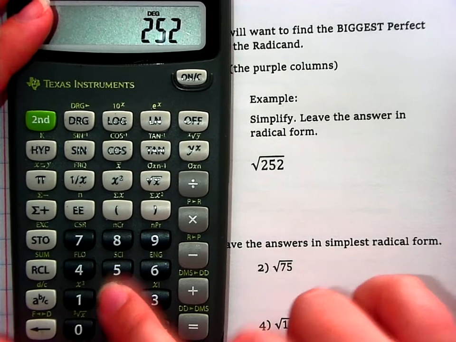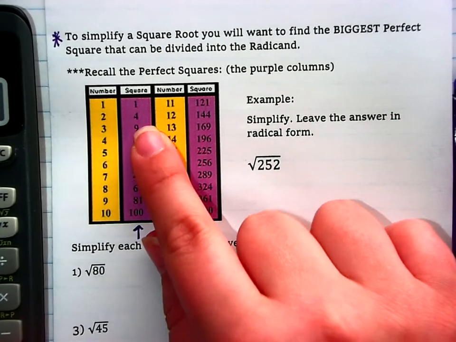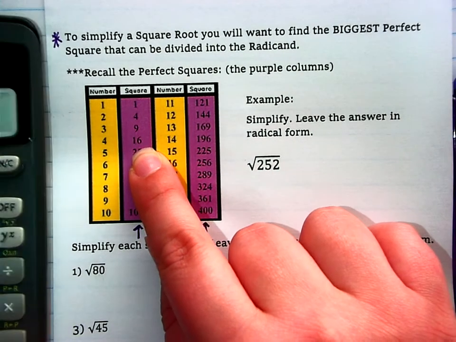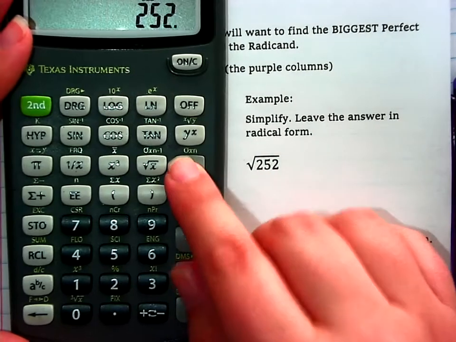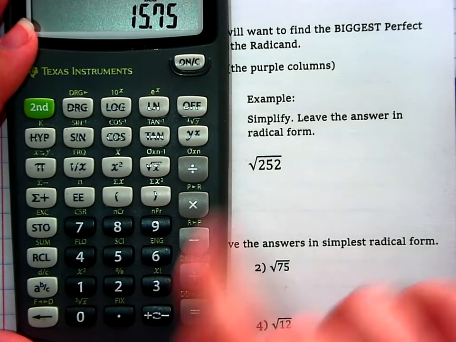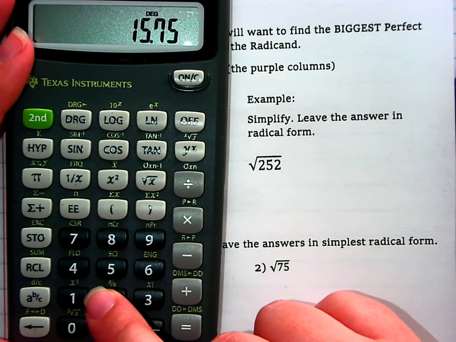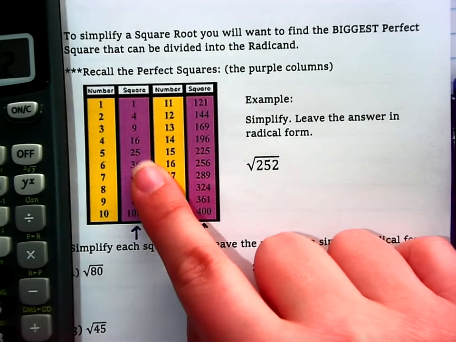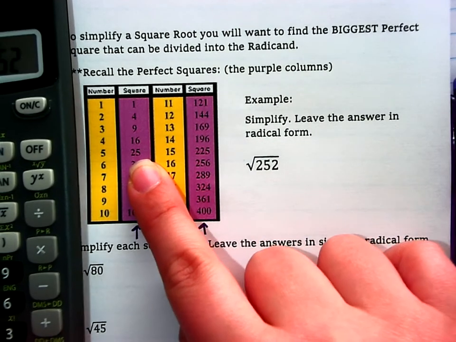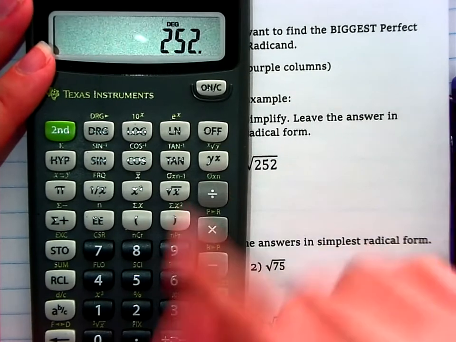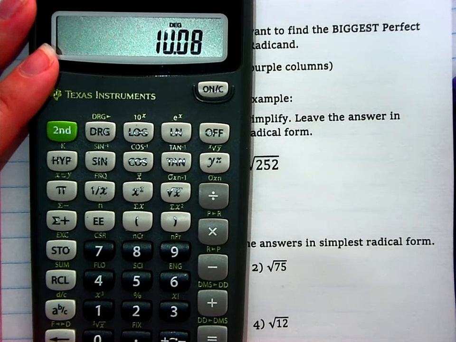So let's do 252. We did 4, we did 9. Let's try 16. Divided by 16. That gives us a decimal. Not good. 252. Our next perfect square, let's try dividing it by 25. Another decimal.